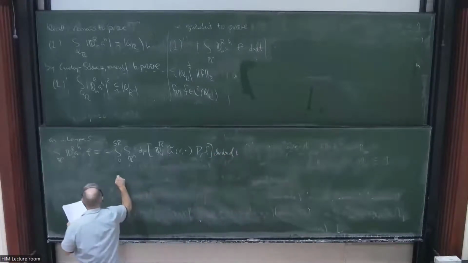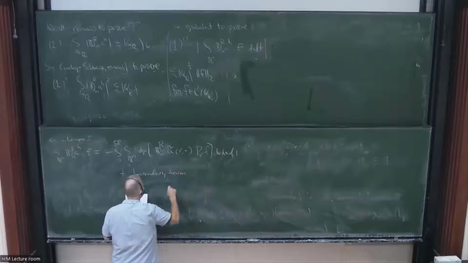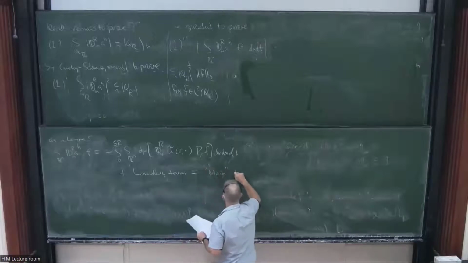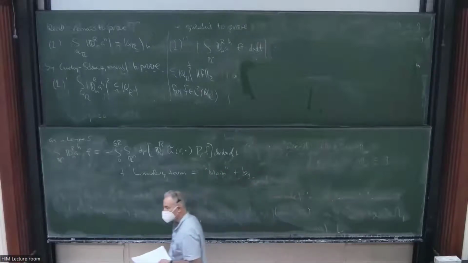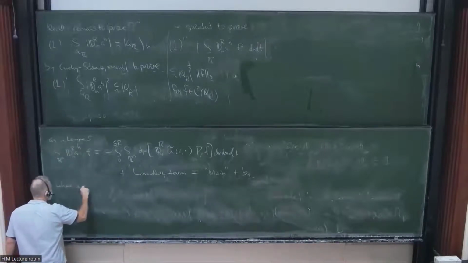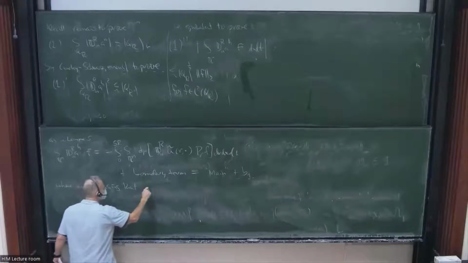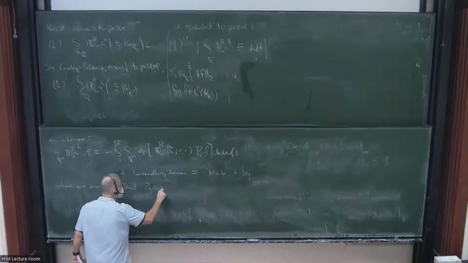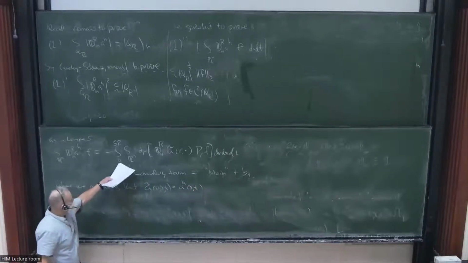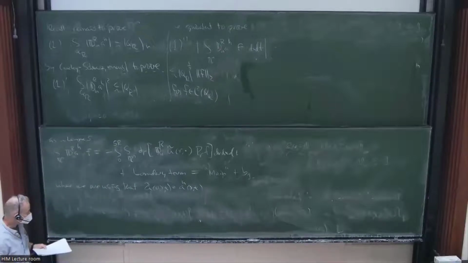Then plus a boundary term. Let me call this the main term plus B1 for the first boundary term. What am I using here? We are using that, as I noted above, A tilde of 0, x, t is AH of x, t. So when you're down at r equals 0, you're getting AH. That's why this works.